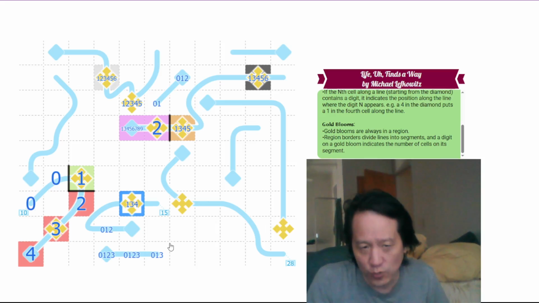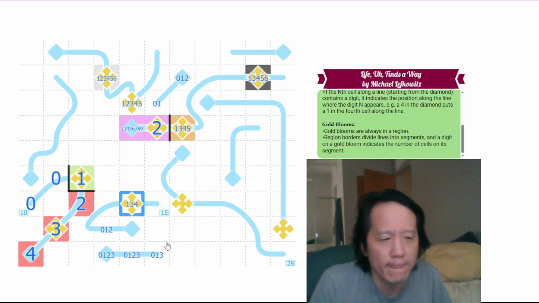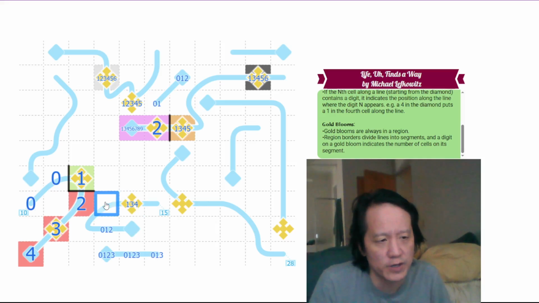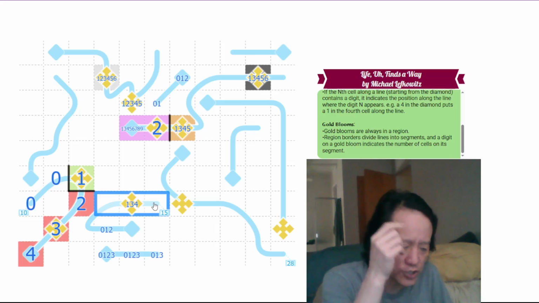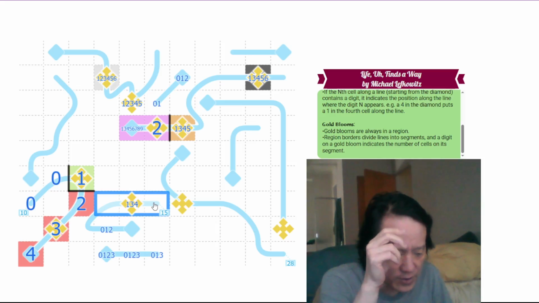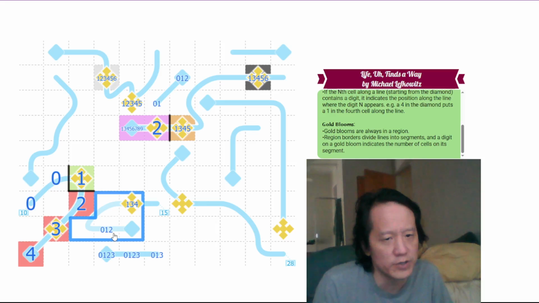Can it be 4? Maybe. If it's 4, 5 has to be in the 4th spot. So it could be 4, 5, and 6. No, it can't be. You're missing 2 digits at least. But if you're missing 2 digits, it means you have to be missing 1 digit, which has the same problem here.